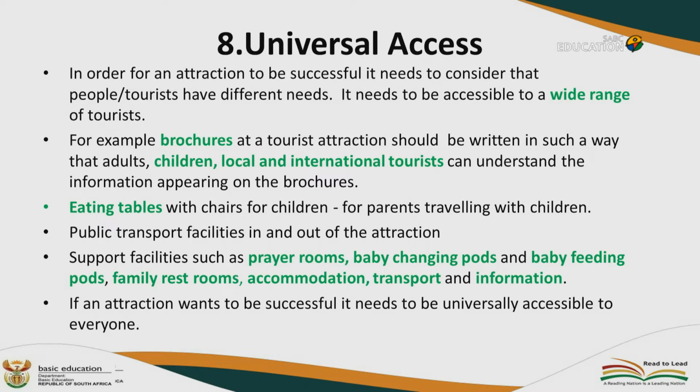Eating tables with chairs for children, for parents traveling with children, public transport facilities in and out of the attraction, support facilities such as prayer rooms, baby changing pods, baby feeding pods, family restrooms, accommodation, transport, and information. If an attraction wants to be successful, it needs to be universally accessible to everyone.